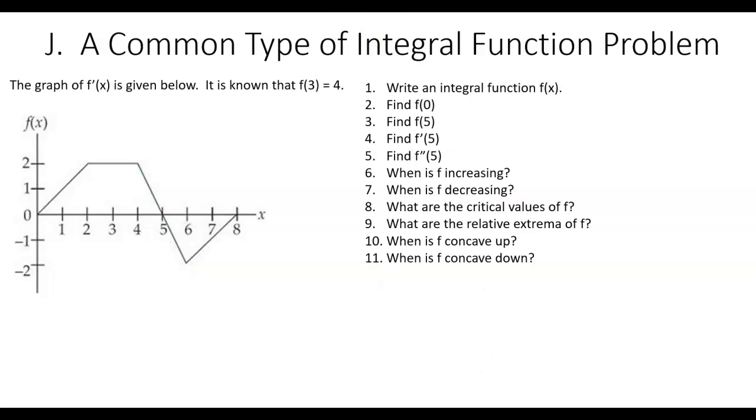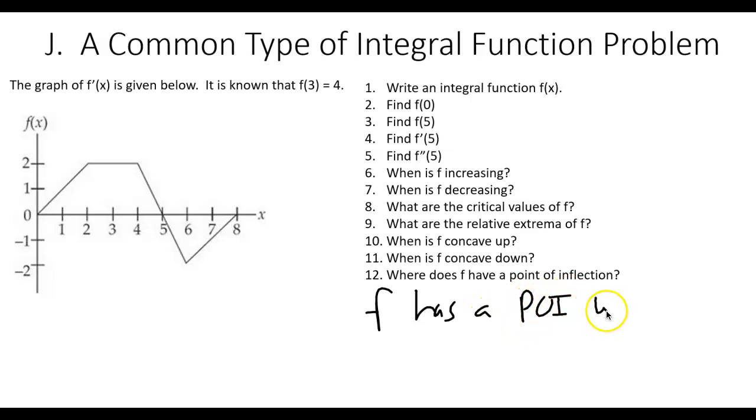All right, next question. Where does f have a point of inflection? F has a point of inflection when f double prime changes signs. In other words, whenever the concavity changes. That's what a point of inflection is. That's the point where the concavity changes. So if f double prime is changing signs, that means that the concavity is changing.